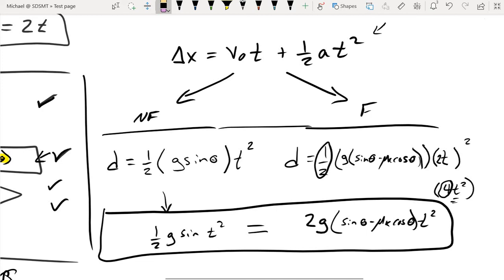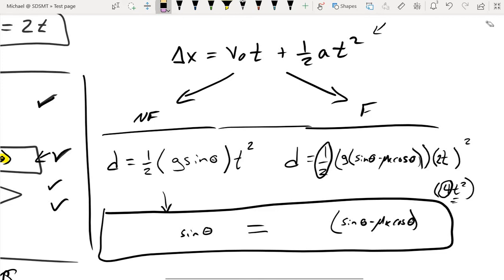And the moment we do that, a lot of other stuff starts canceling as well. First thing that we see that's going to cancel is our t squareds. Another thing that's going to cancel, whoops, I lost my theta value there. That wasn't supposed to go away. Another thing that's going to cancel out are the g values. So apparently we don't even have to be on Earth for this to happen. Next, I'm going to take that 1/2 on the left, and I'll multiply the 2 over to the right-hand side.